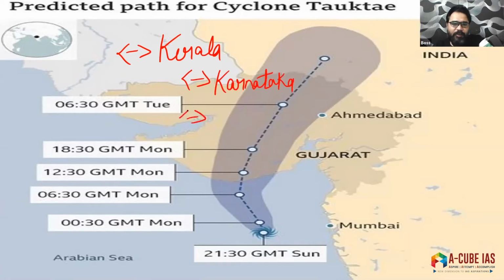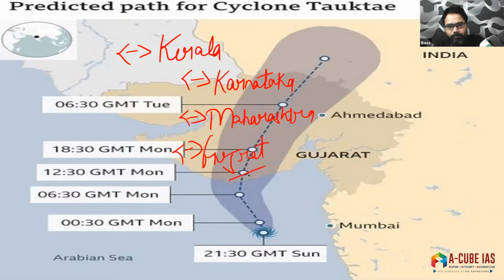After Karnataka, it was Maharashtra. Later on, it was Gujarat. So these were some of the important states that suffered the devastation caused by Tauktae.